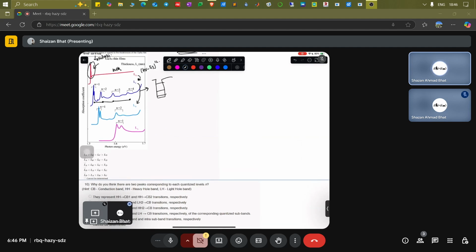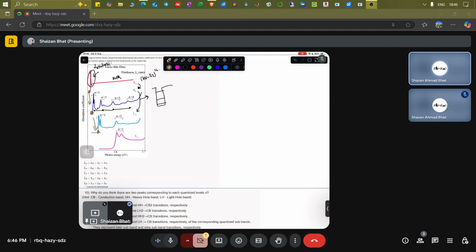And that can also be seen because the band edge is basically shifting. You see, this is shifting towards the higher energies. And why is it shifting? Because for the bulk, you have the absorption edge at this point.